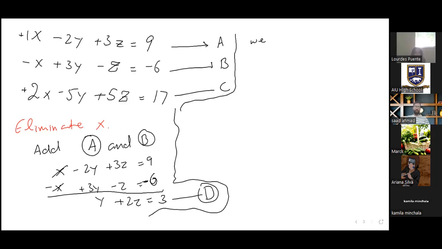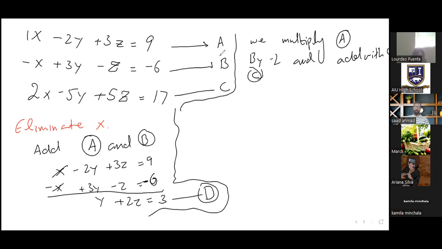So what we can do is multiply the first one by -2 and then add. So we multiply equation A by -2 and add it with C. When I multiply equation A by -2, I will get -2x plus 4y minus 6z equals -18.